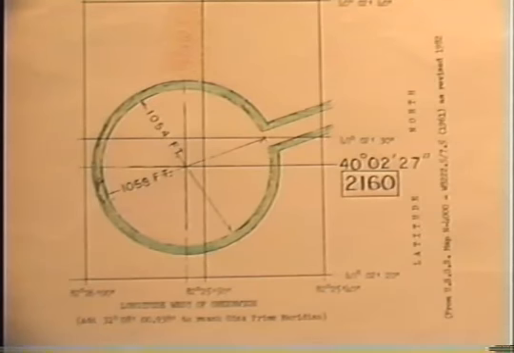Here at the 1,056-foot wide observatory circle, we find 21,600 again, albeit reduced by a factor of 10. 2160, which encoded its latitude of 40 degrees, 2 minutes, 27 seconds north of the equator.